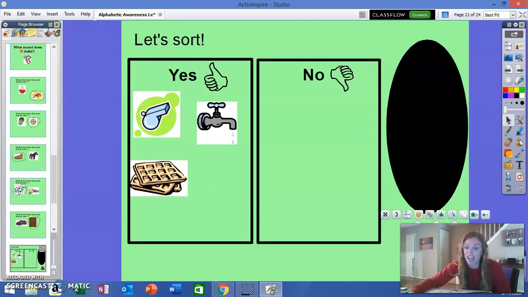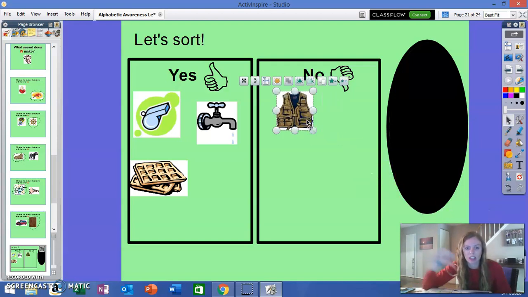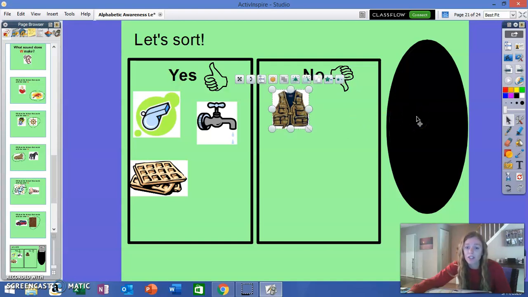This is a vest. Vest. You're right, that's a thumbs down. No, it does not start with W. What letter do you hear at the beginning of vest? Right, the V. Kite. Thumbs up or thumbs down. Kite.